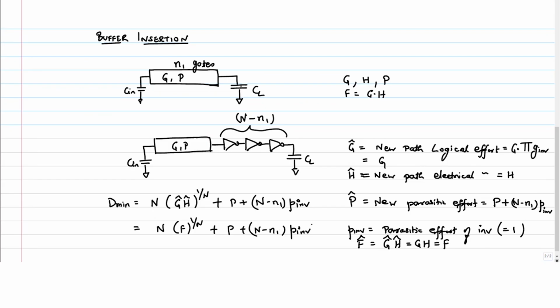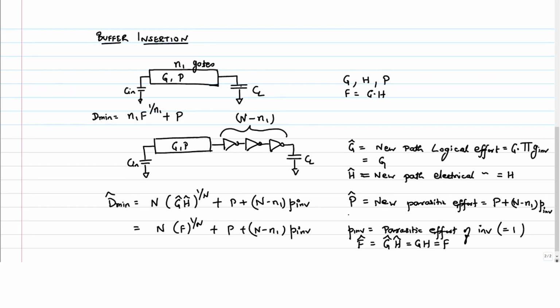Now, what was the delay of this earlier circuit here? I will say d min hat for the new circuit. The d min here was n1 f power 1 by n1 plus p.